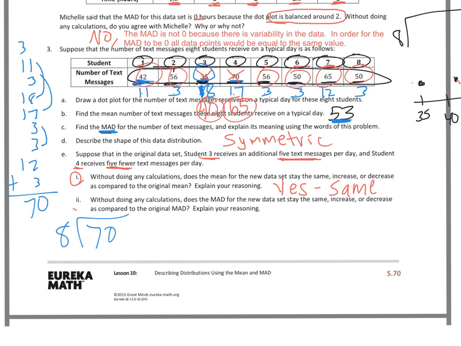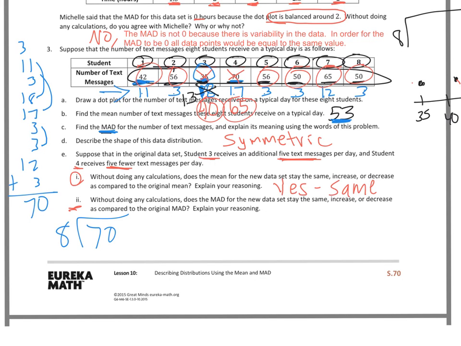Now, looking down below, without doing any calculations, does mean absolute deviation for the new data set stay the same? That doesn't stay the same, because I'm looking now at my blue values, and that's the distance each of those numbers are away from the mean. And I know that this is no longer the case. It's not 18 away. It's only 13 away.